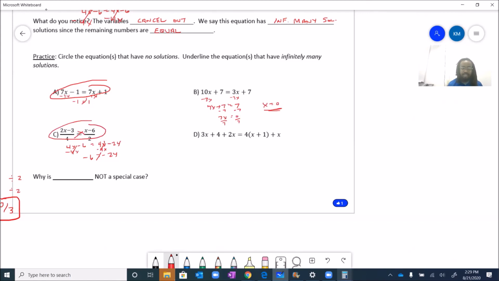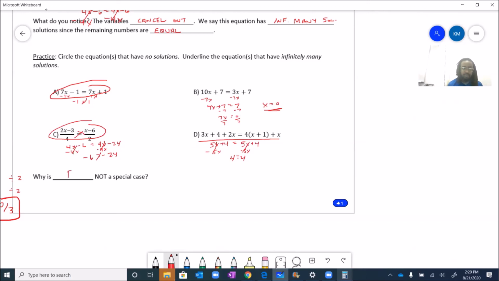And D, as I combine my like terms, I have 5x plus 4 equals 5x plus 4. Subtract 5x from both sides. Hopefully you see it now, but maybe you didn't. We get 4 equals 4, which means infinitely many solutions.